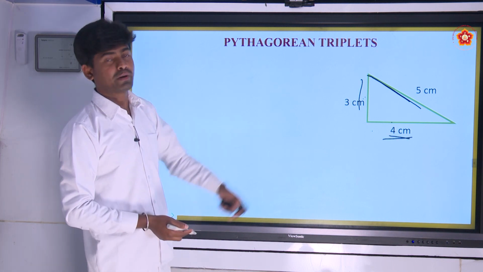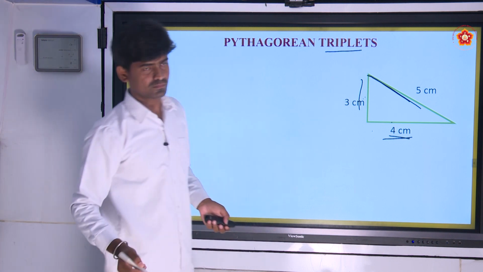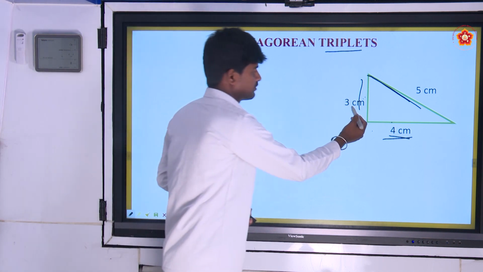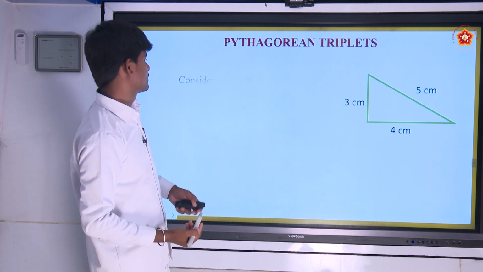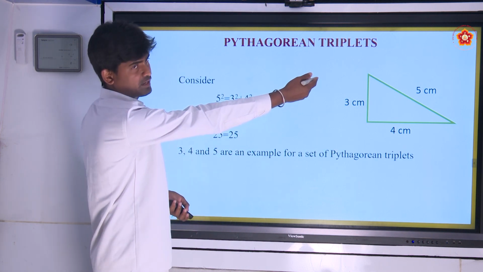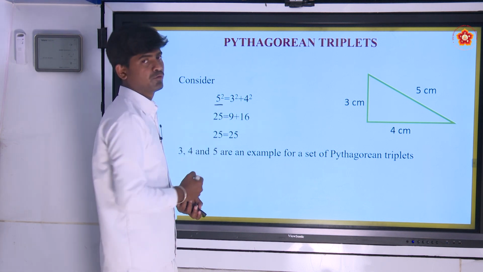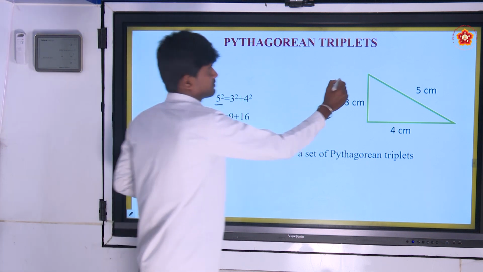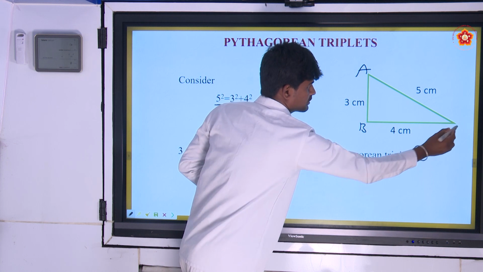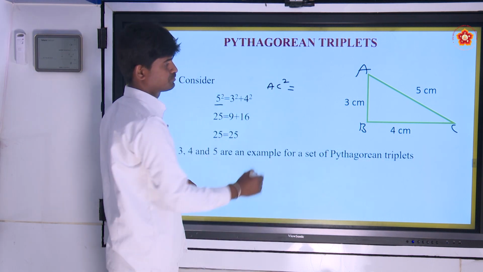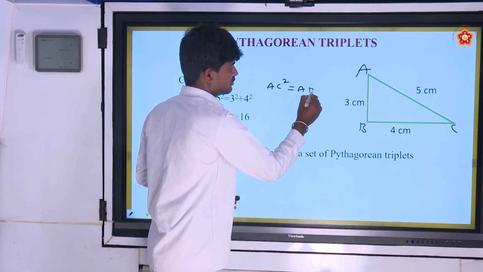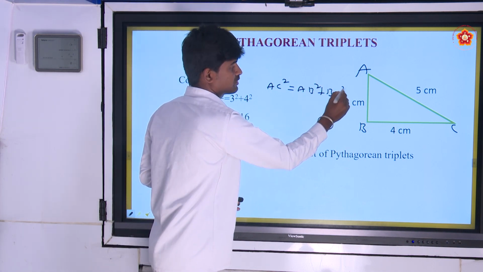Here is a Pythagorean triplet. I will take 3, 4, 5 as the Pythagorean triplet. Consider, for example, the hypotenuse is 5. In triangle ABC, AC square is equal to AB square plus BC square.